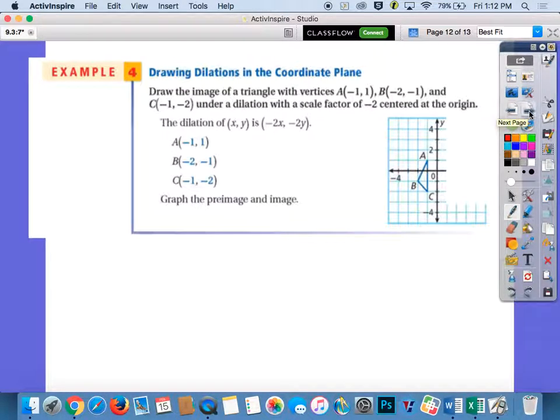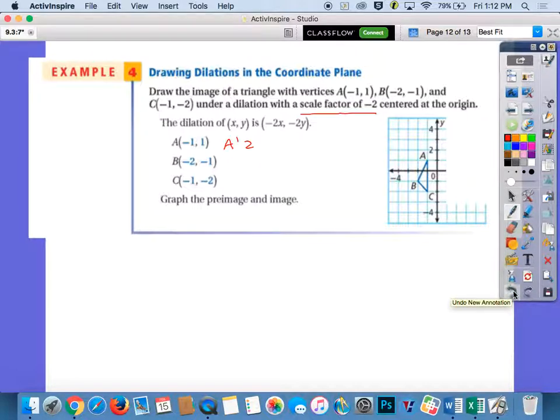Just as our last example here, it's going to tell us to draw the image. I'm fine if you just want to put your ordered pairs down instead of drawing it, but it might help you to draw it, so do it if you need to. Under the dilation with scale factor of -2, this is essentially an enlargement that's rotated because it's negative, but the magnitude of k is still bigger than 1. So here we go. A prime, I'm just multiplying -2 to both of these, and you get 2, -2.